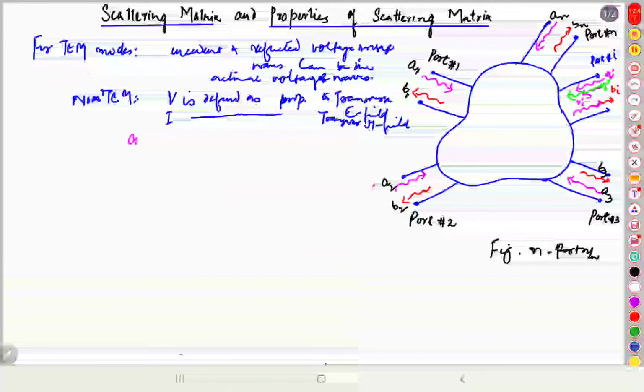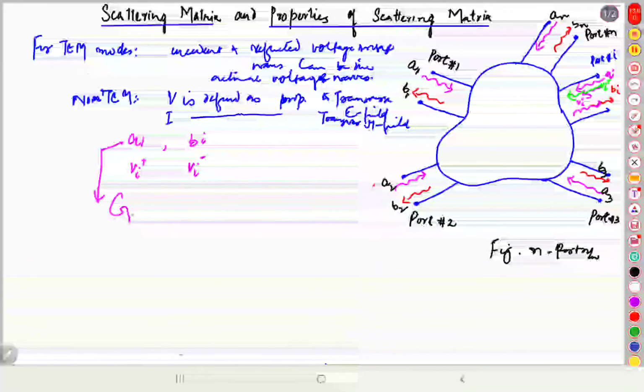But using AI and BI gives us generalized S parameters.